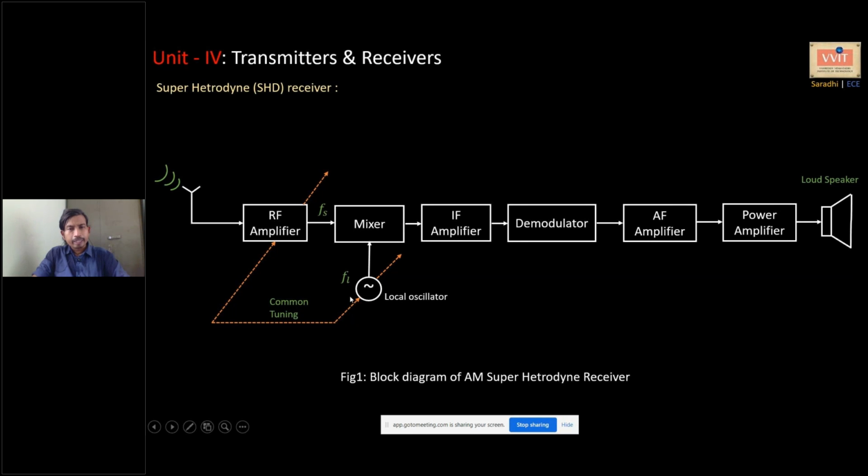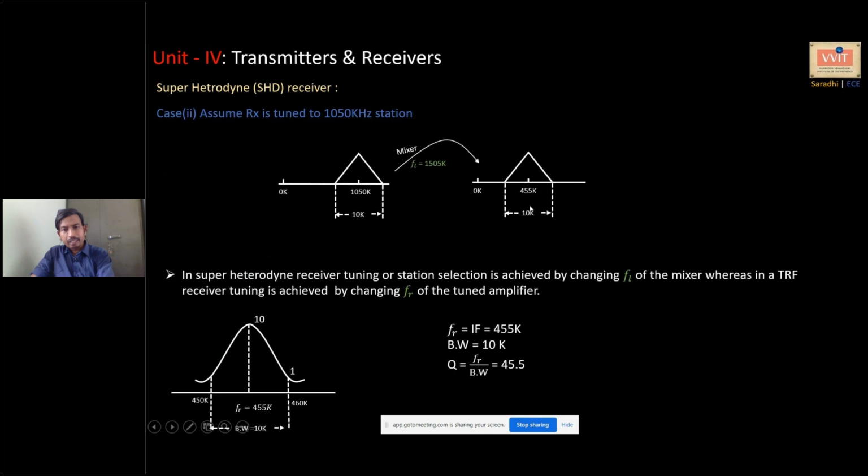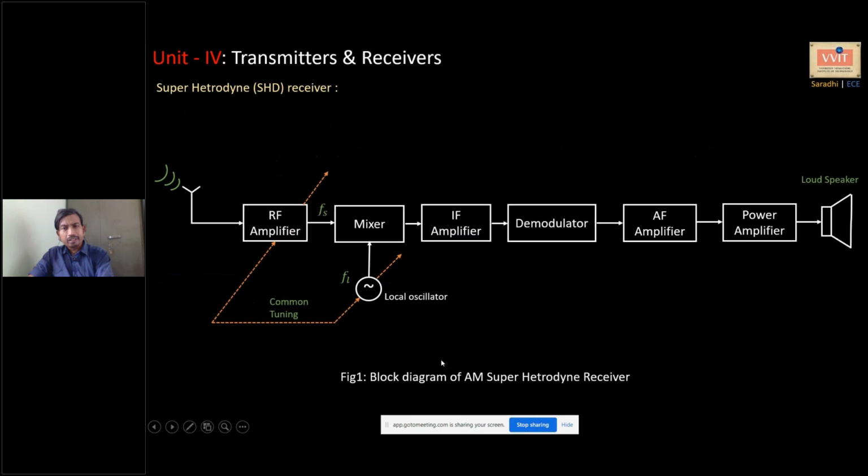Because of this mechanism, the mixer and local oscillator ganged with the tuned amplifier, the IF amplifier is always looking at a spectrum which is centered at 455 kilohertz and of bandwidth 10 kilohertz.